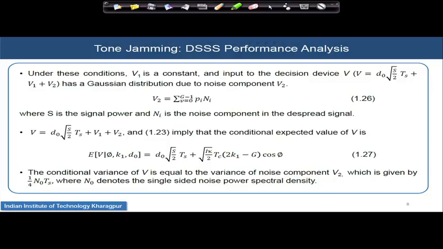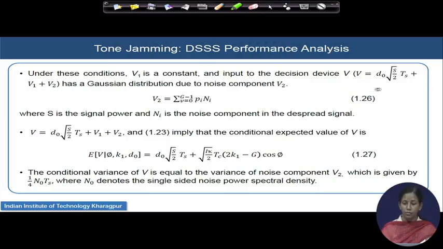Hence, if I go back and see the input to the decision device V, it is a combination of the contribution from the known sequence, its mean value, the mean value of V1, plus the mean value of V2, constituting the mean of V. Then we can see that V will have a Gaussian distribution now, because this is almost deterministic, V1 is a constant, and V2 is additive, governed by the additive white Gaussian noise. So, a Gaussian process is associated with it, and V will have a Gaussian distribution.